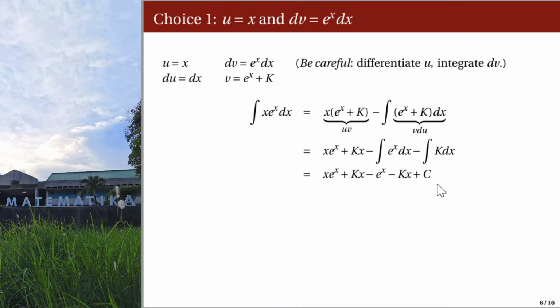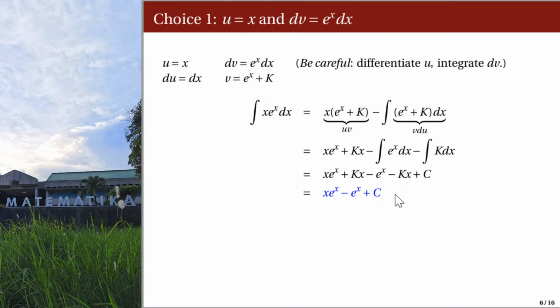So, dapat may isa pa tayong constant of integration that is different from the first one that we got. Kasi ito yung nakuha natin dun sa pag-integrate ng dv. Ito, nakuha natin yung c naman when we integrated v du. Okay, so magkaiba sila. Pero, what do you notice? Yung kx minus kx will cancel out.